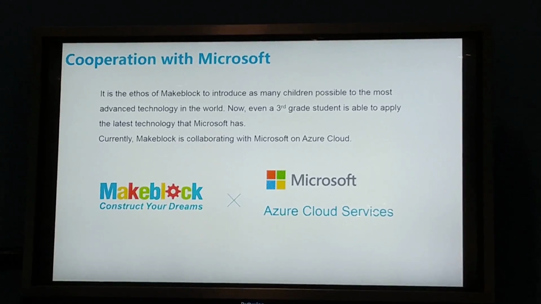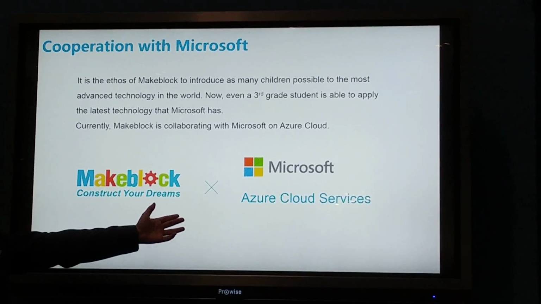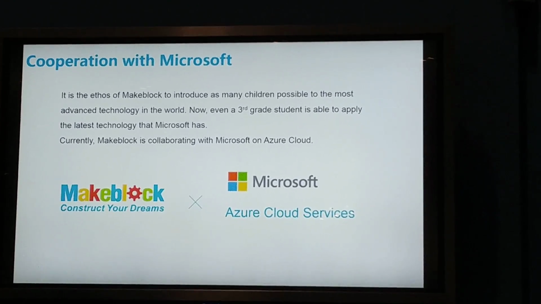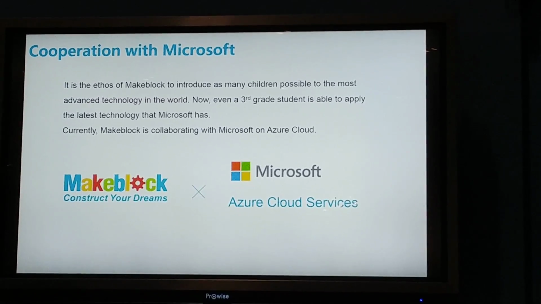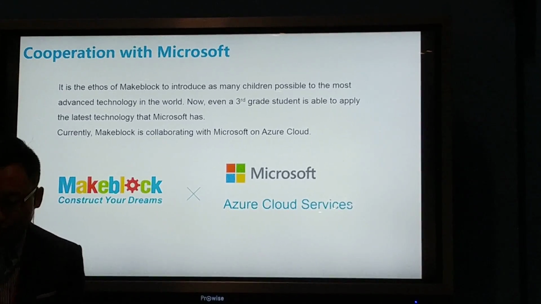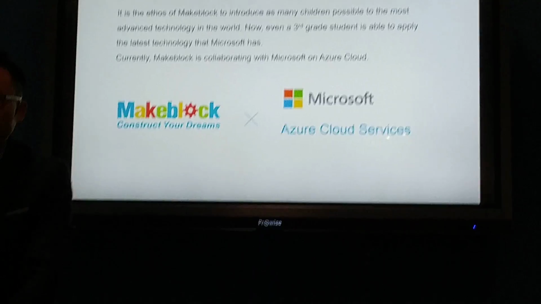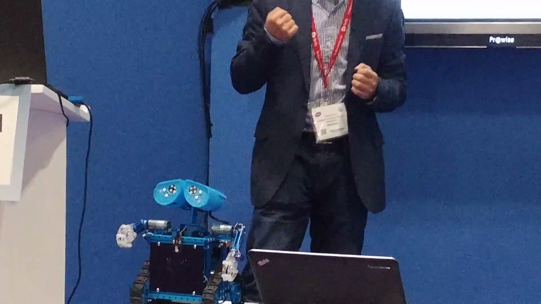So we connected with Microsoft to build something based on a cloud service that is pay per click, where 1,000 clicks or 3,000 clicks will only cost you $3. But with each click, you can connect your robot to the cloud, to some computing power that is so smart, just like AlphaGo.